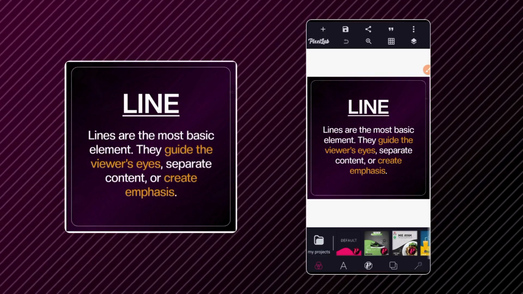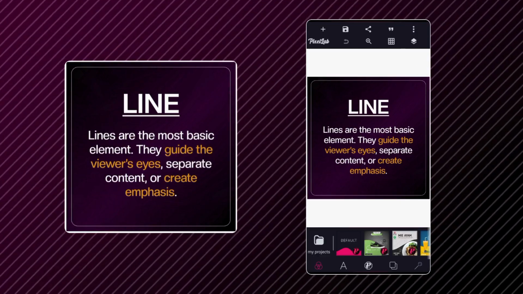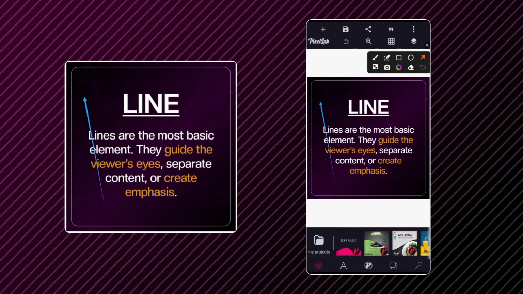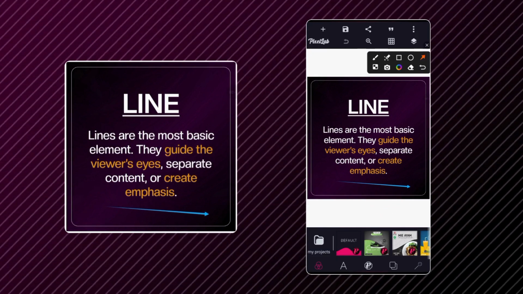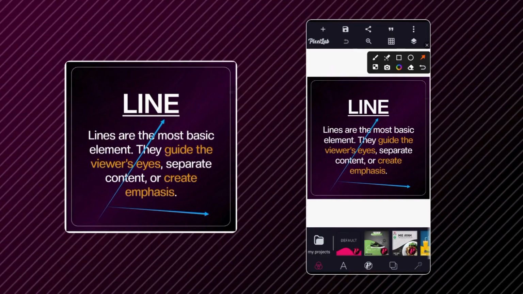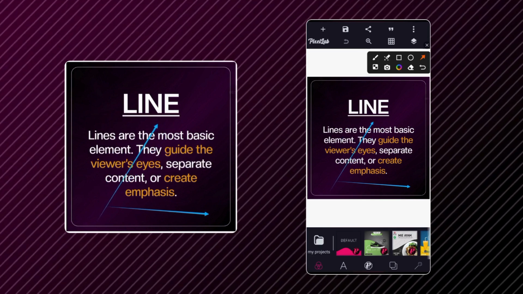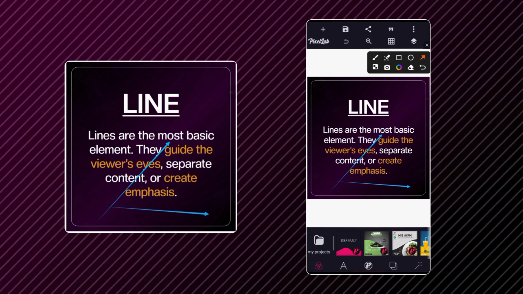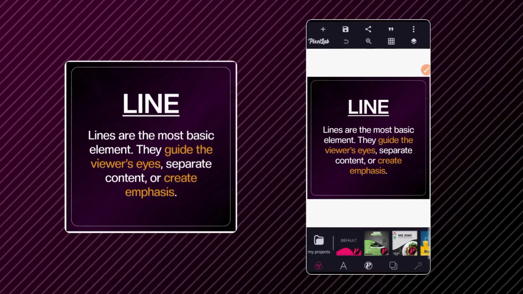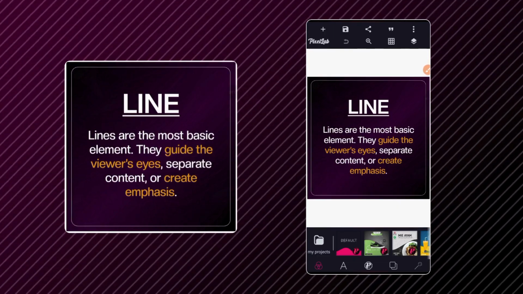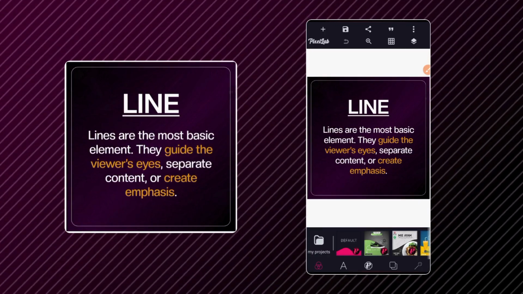You can use line to create a border for your design, just like the way I did for this design here. You could see this line here. And to separate content, you can use it to underline your heading. As you can see here, though it's not generally common, you can use a line to underline something like a topic, or in PDFs or some kind of document.